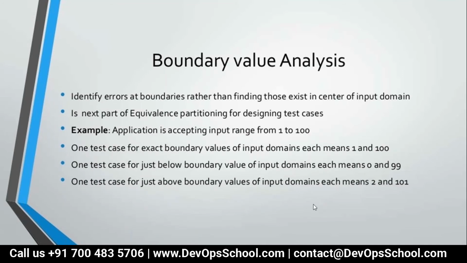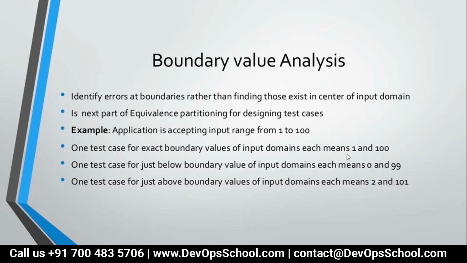And in the same application, we are going to check exactly on the boundary. So 1 and 100, because the application is accepting input range 1 to 100, right? So 1 is also a boundary and 100 is also a boundary. As I told you, in boundary value analysis, we are going to check exactly on the boundary, 1 less than the boundary, 1 greater than the boundary.